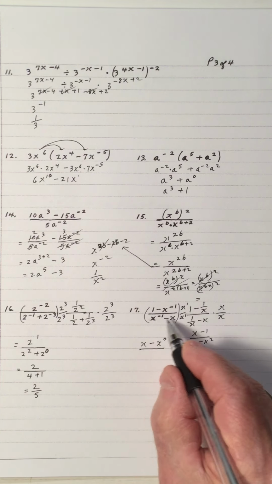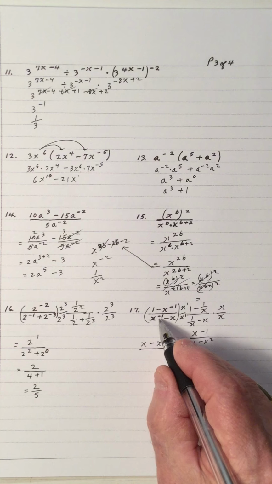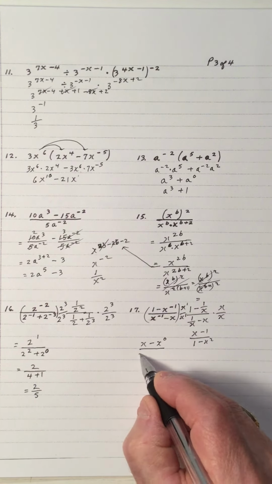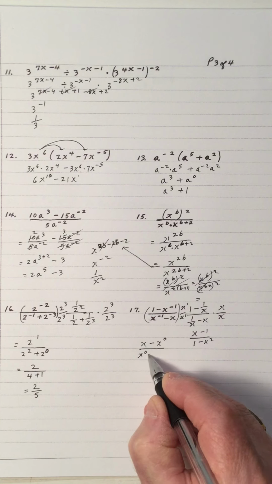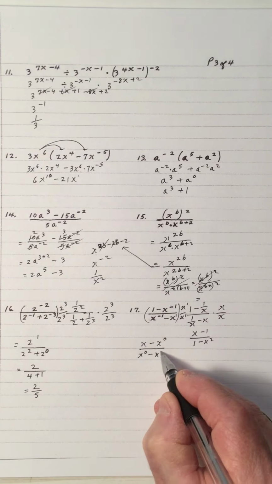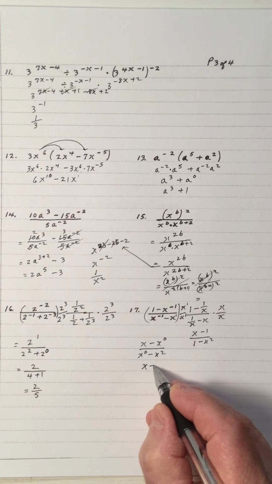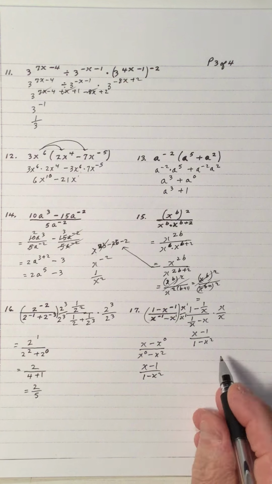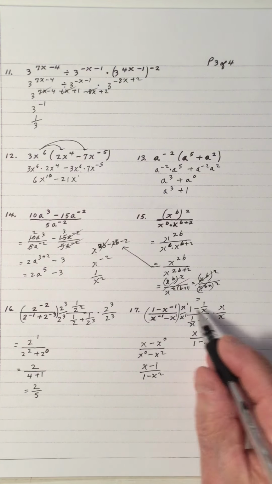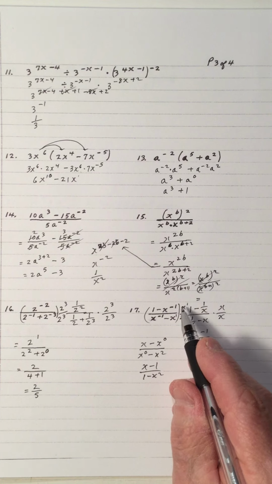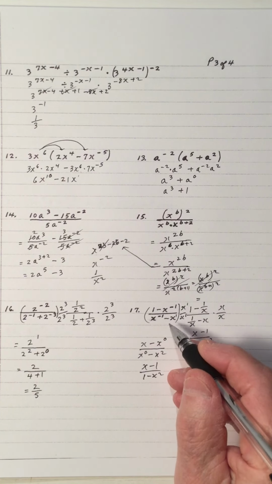And when you multiply these two here, x to the negative 1 times x to the 1, you add, you get x to the 0. When you multiply here, 1 plus 1 is 2. So that's x minus 1 over 1 minus x squared. So either way, with the negative exponents, you multiply by the opposite of the smallest.